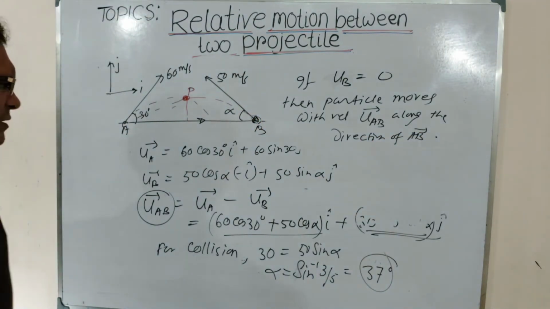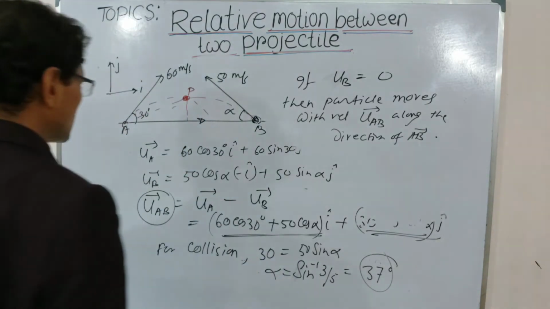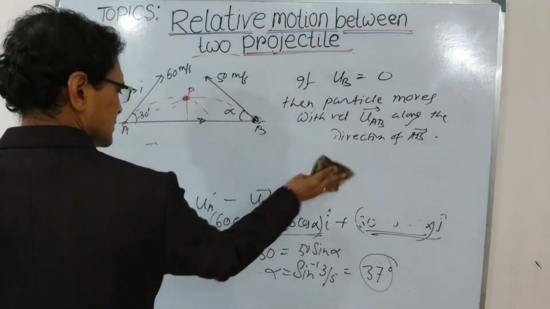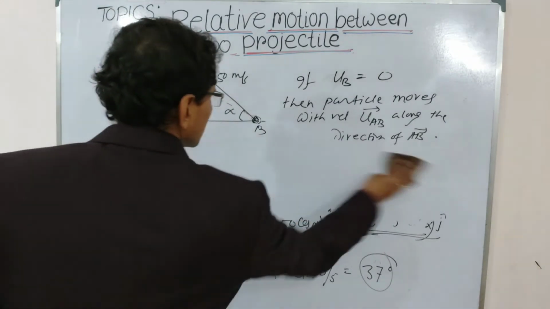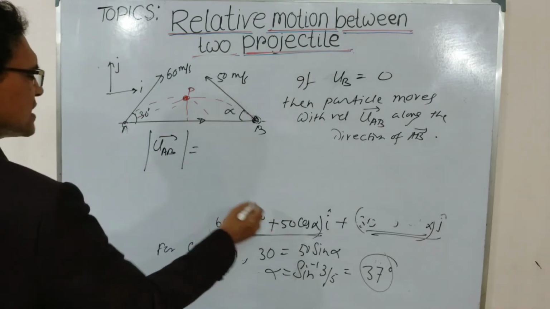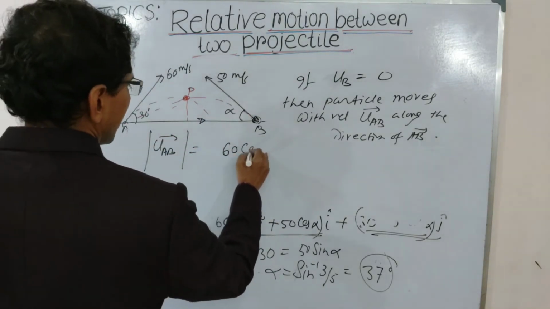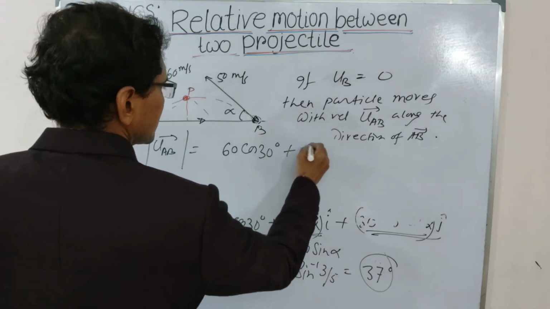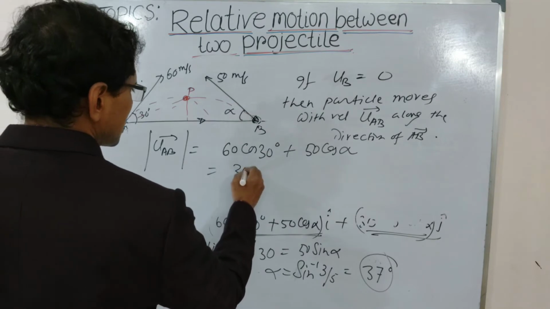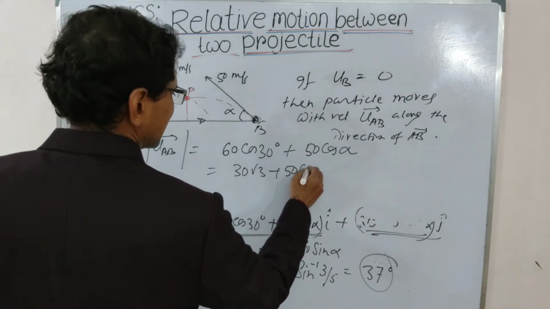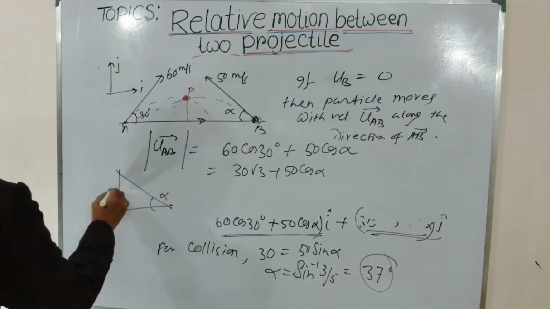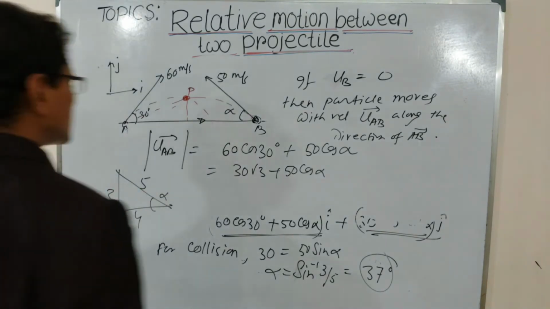So we calculate the magnitude of UAB. So the magnitude of UAB equals this, root 3/2. Now 3, 4, 5. This is alpha, 3, 4, 5. So cos alpha equals 4/5.